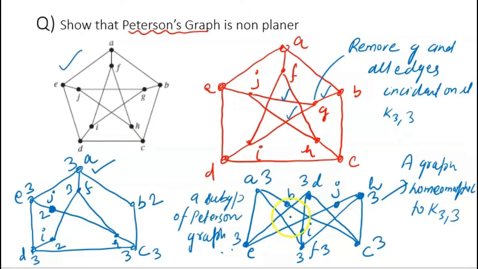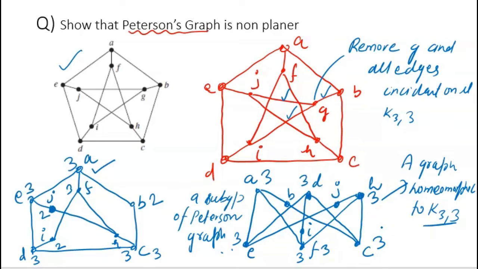Okay, and when I look at this structure, it looks like it is homeomorphic to K33. And as I have shown you earlier, K33 is a non-planar graph, and using Kuratowski's theorem, because the Petersen graph has a subgraph which is homeomorphic to K33, the Petersen graph will be a non-planar graph. So you can write this, that the Petersen graph is a non-planar graph.